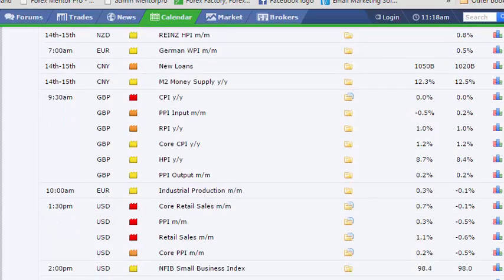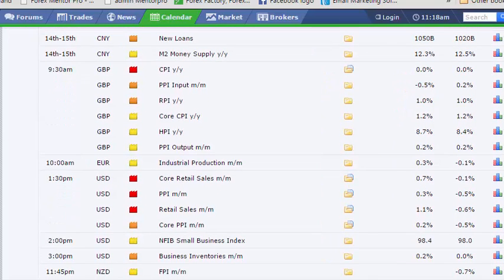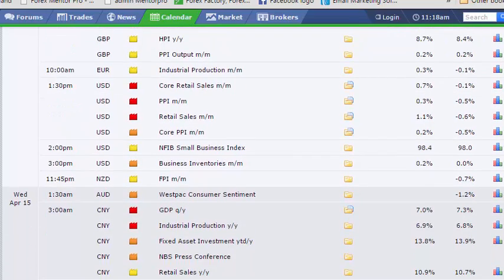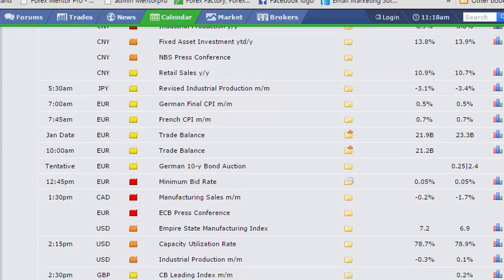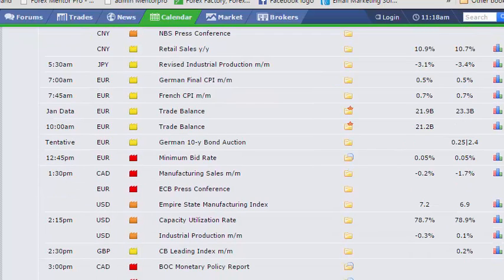Once again, we have a fairly busy news week this week and some important news for the pound and USD on Tuesday. The main things as the week progresses: on Wednesday we have the euro minimum bid rate. Nobody's expecting any changes, but the ECB press conference afterwards could be a lively affair again because they are currently printing 60 billion euros a month and pumping it into the economy.